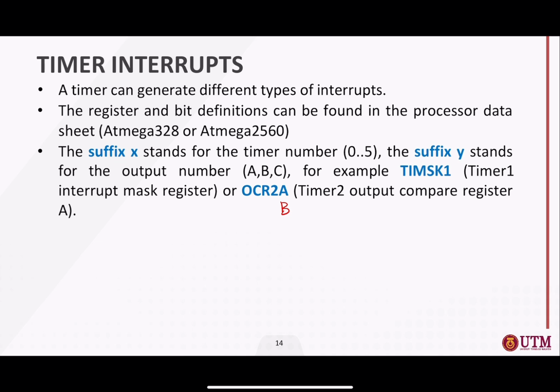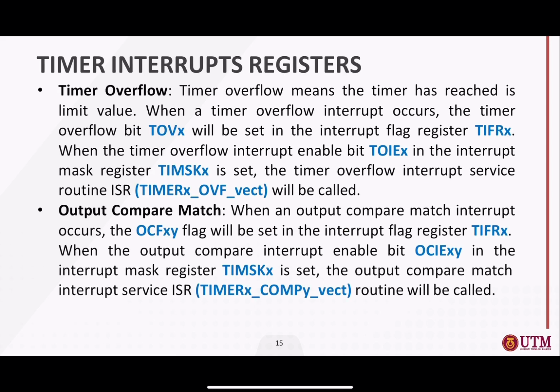Alright, so next is timer interrupt registers. As I just explained briefly, the first one is timer overflow. It means that the timer has reached its limit. For example, the timer counting only up to 256. They count from 1, 2 until 256, and then suddenly they count 257.